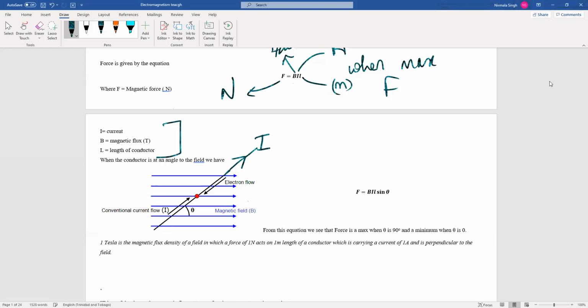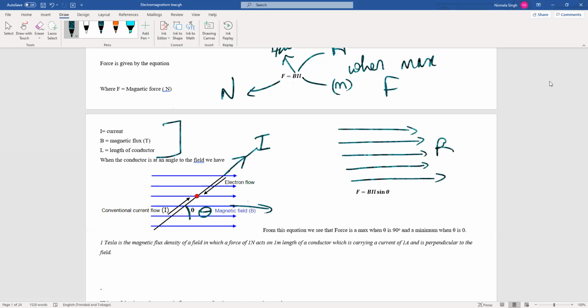We have our magnetic field flowing from left to right, and your conductor makes an angle of theta degrees to your magnetic field. Now, your magnetic field in a regular plane will all be parallel to each other and straight. So your magnetic field will always tend to be in straight lines.